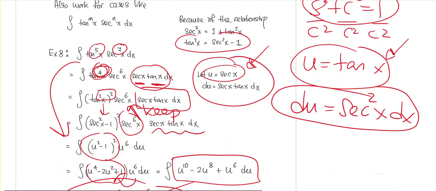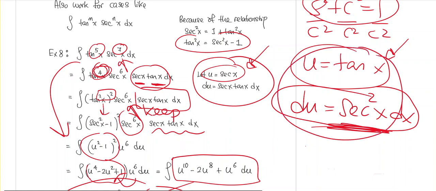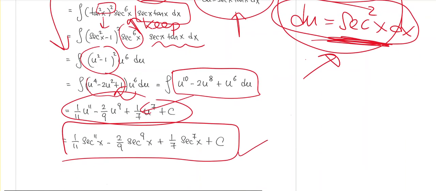When you are doing tangent x, you have to have secant square x dx. We definitely do have that. We can get it from there, but you will see that if you proceed with this substitution, we will run into a problem. So you abandon this method and try this one. And when you try this one, everything works. So you get the answer right away.